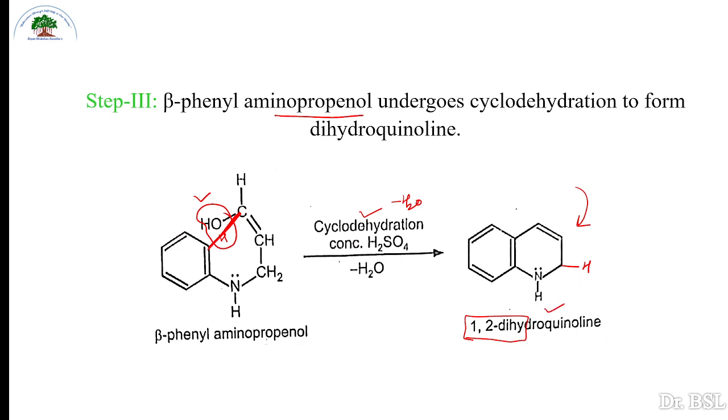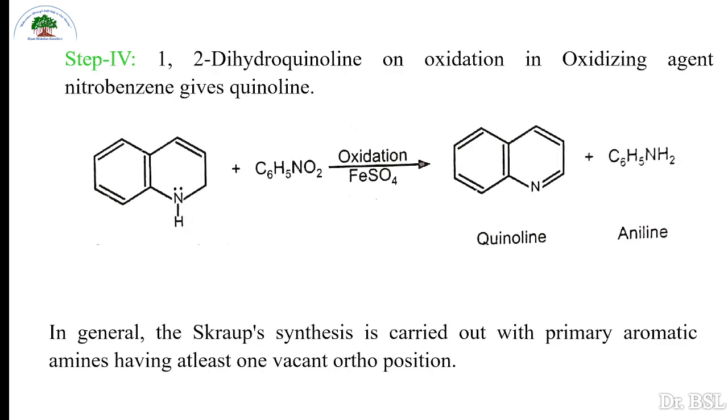So the name is 1,2-dihydroquinoline, as if quinoline is hydrogenated at 1 and 2 position. In step fourth, what happened? This 1,2-dihydroquinoline on oxidation in presence of oxidizing agent nitrobenzene gives quinoline, and this reaction takes place in presence of FeSO4 or ferrous sulfate. This is quinoline.